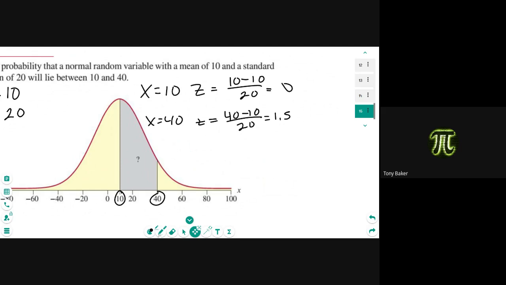So now we can go to our table and we're going to find when z is less than or equal to 0, and when z is less than or equal to 1.5.